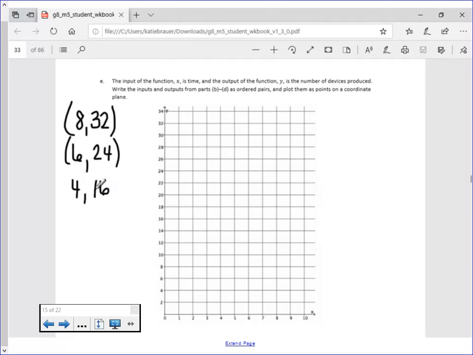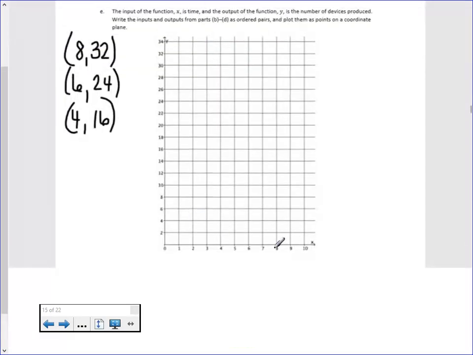So these are the points that I'm going to plot on this graph right here. I'm going to go over 8 and up 32. I'm going to go over 6 and up 24. I'm going to go over 4 and up 16.